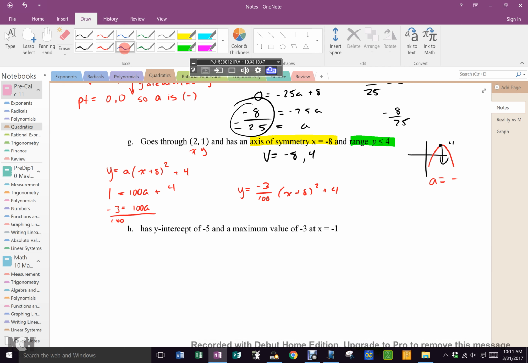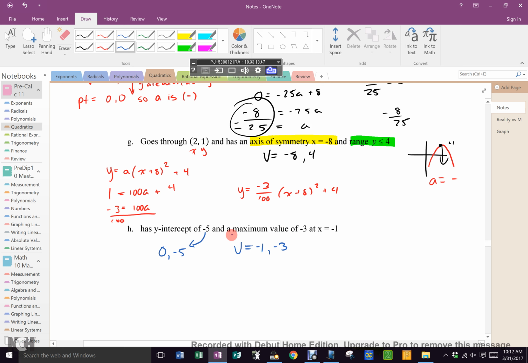Look at the last one. Y-intercept of negative 5. Does that give me a point? 0, negative 5. Because the y-intercept is negative 5. Maximum value of negative 3. So what's in my vertex? What is the y in my vertex? Negative 3. What is the x?